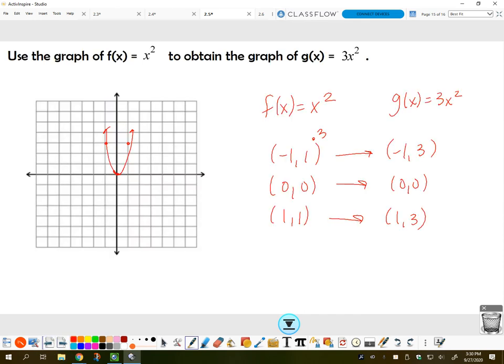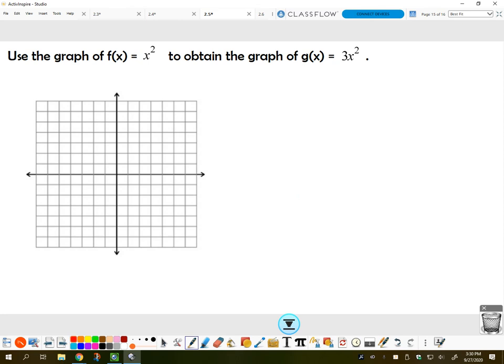Alright, so let's do one with multiple changes. So let's say that f of x is, we'll do the cube root of x. And g of x is 2 cube root of x plus 1, plus 2.